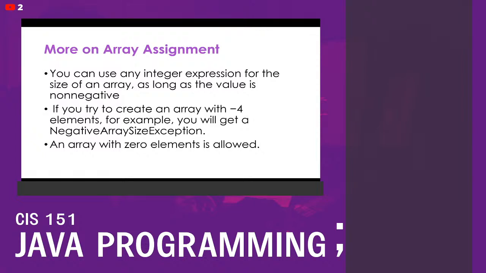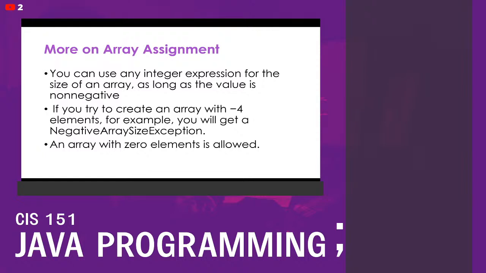Now, you can use any integer expression for the size of an array as long as the value is non-negative, right? Like it has to be in the positive space. So we can have an empty array, which would be 0, or we can have as many as we want, from 1 to positive infinity. We can't have negative data inside of an array, right?